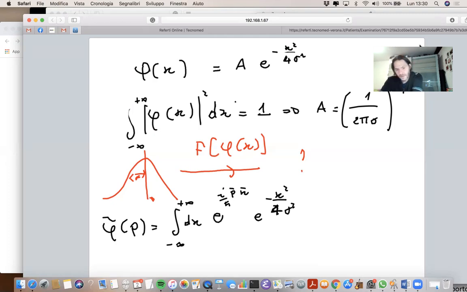Now, it turns out that this integral can be evaluated analytically. It was evaluated by Gauss. It's a very famous integral. It can be evaluated with the methods of complex analysis, which I cannot digress on here. You can log on to Mathematica or Maple or any computer algebra code and ask it to evaluate.